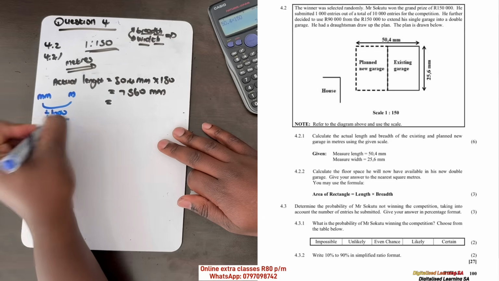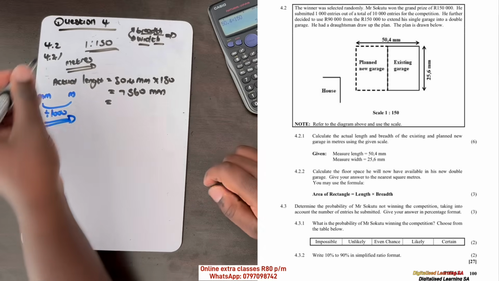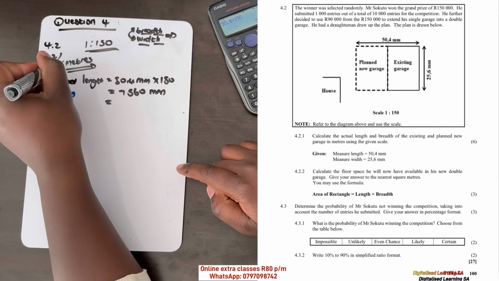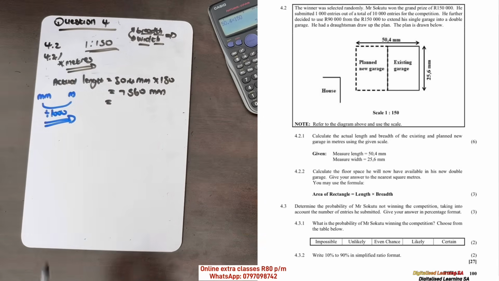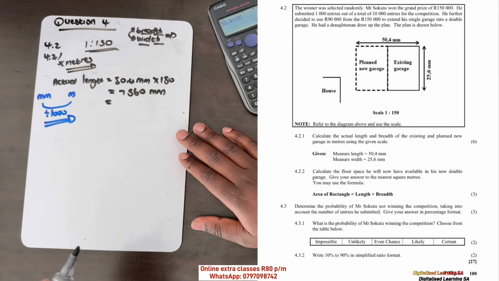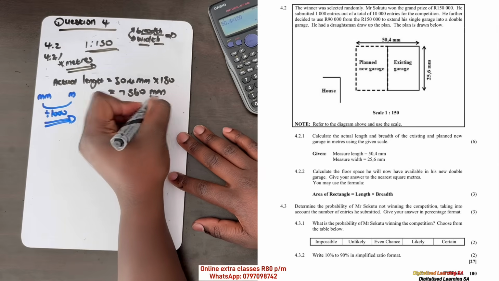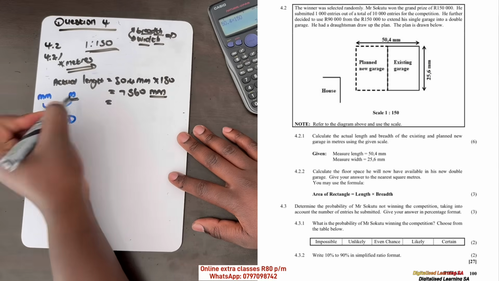That's what we are going to do, because we are told to write our answer in meters. Always read the question in full and understand what the question needs and how the final answer should be. So here we are told that the final answer should be in meters. That's why we are converting from millimeters to meters.